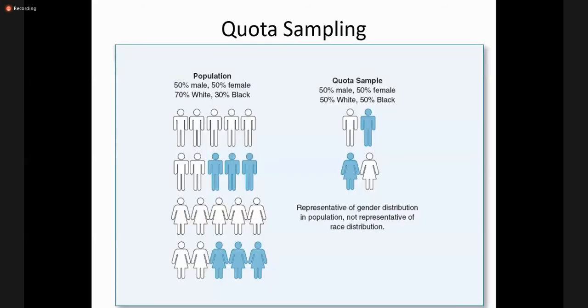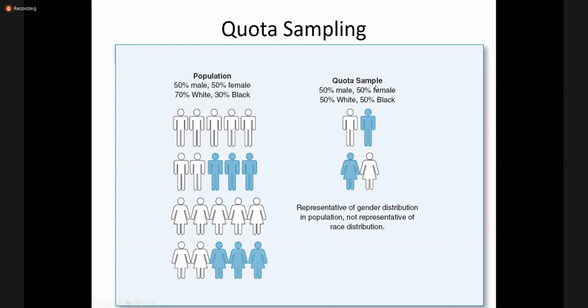This is the example. Suppose in the population of a city, they are 50% male, 50% female, and 70% of them are white and 30% of the population is black. When you are doing a quota sample, again 50% are males and 50% are females. So if you are doing a survey, you will select deliberately 50% of your sample from males and 50% from females. This is a proportionate quota sampling.